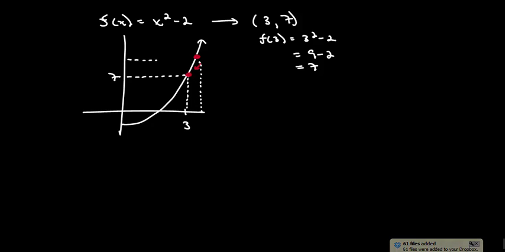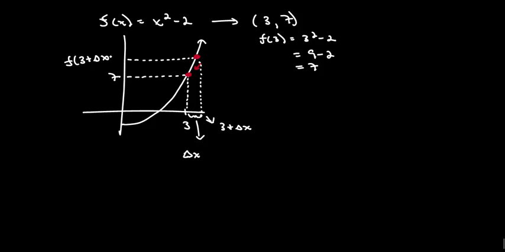Let's first determine this guy's x value and y value. We're going to go over a distance which we'll just call delta x. That means the x value that we're going over to must be 3 plus delta x.